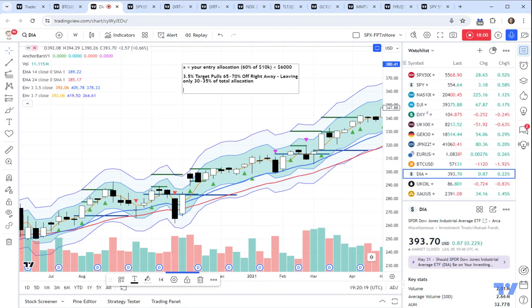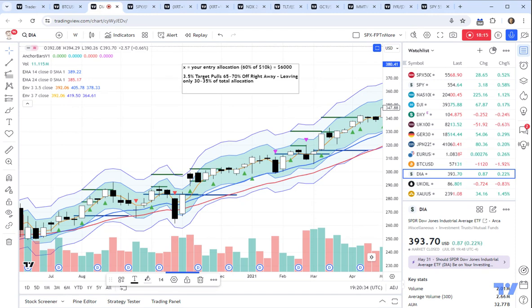So in order to protect that, and make it a profitable trade, your stop can essentially be double whatever the 3% stop level is.